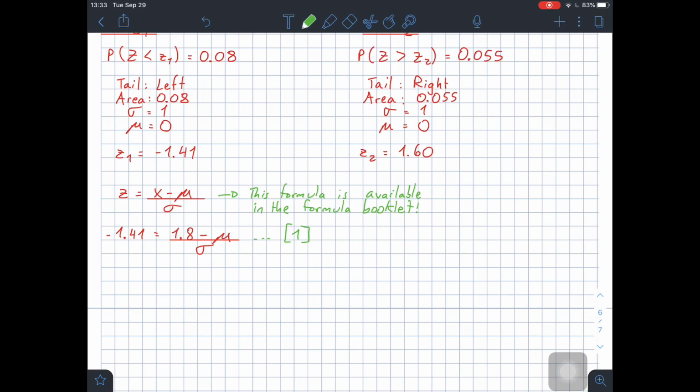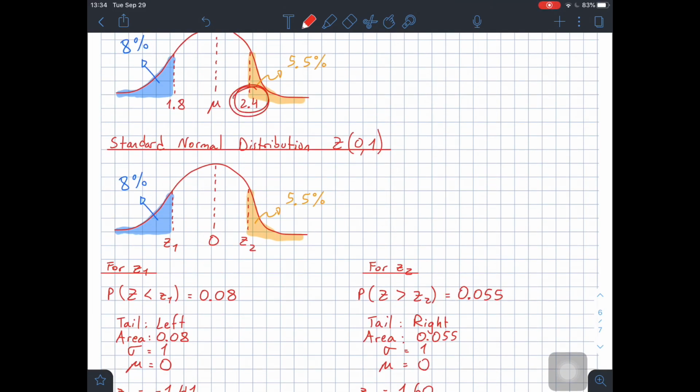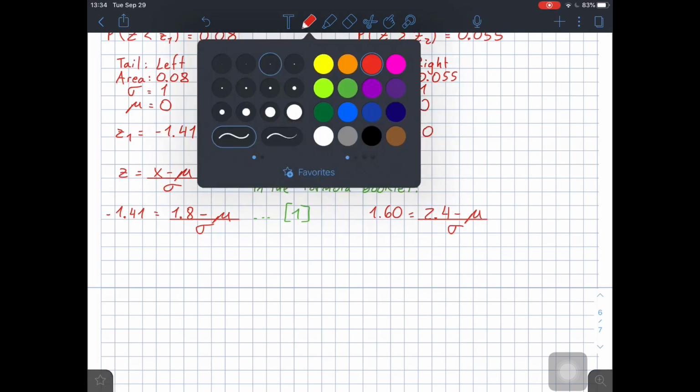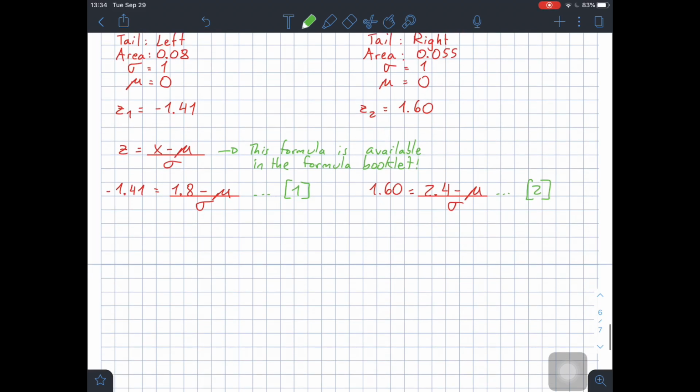Now for C2, we have the same thing, right? 1.60, the value of C2 is equal to the respective original value, which is 2.4. 2.4 minus the mean divided by the standard deviation. Okay, so you see that we have two equations with two variables, right? If we have the same amount of equations and variables, it means that we can solve this.